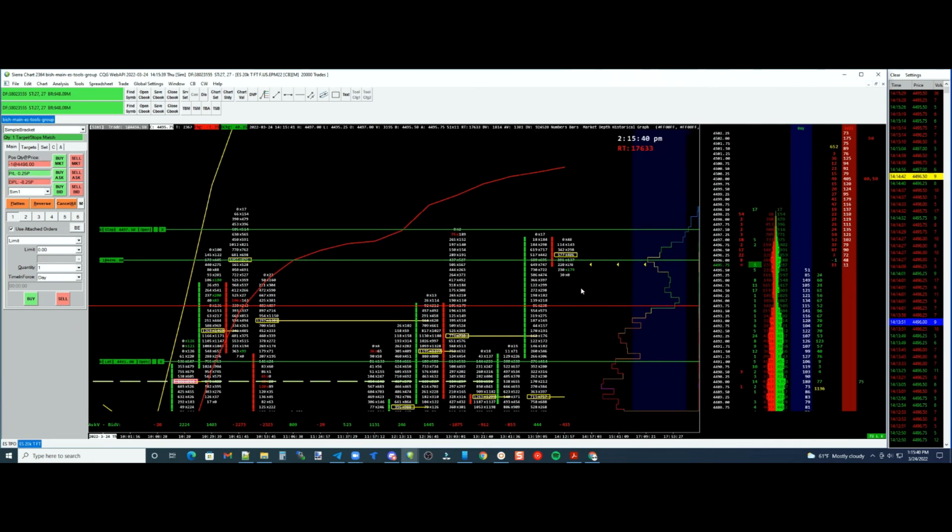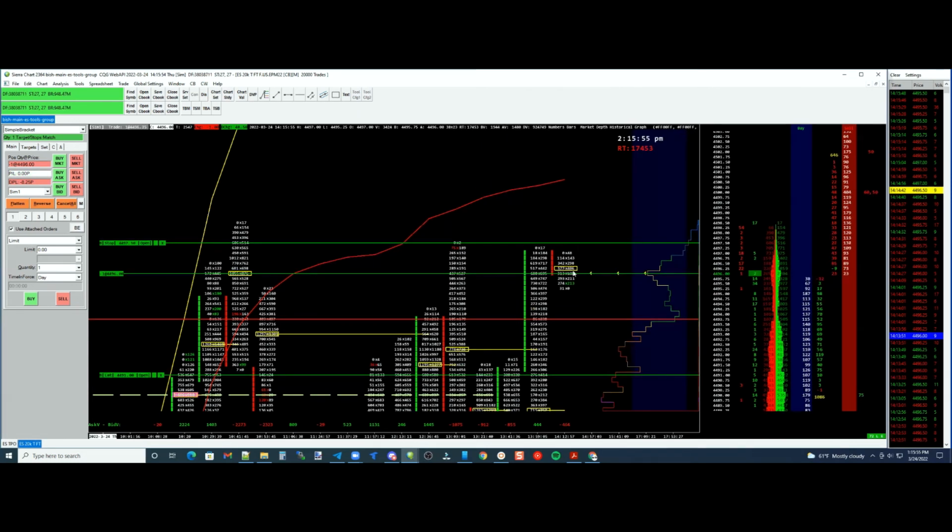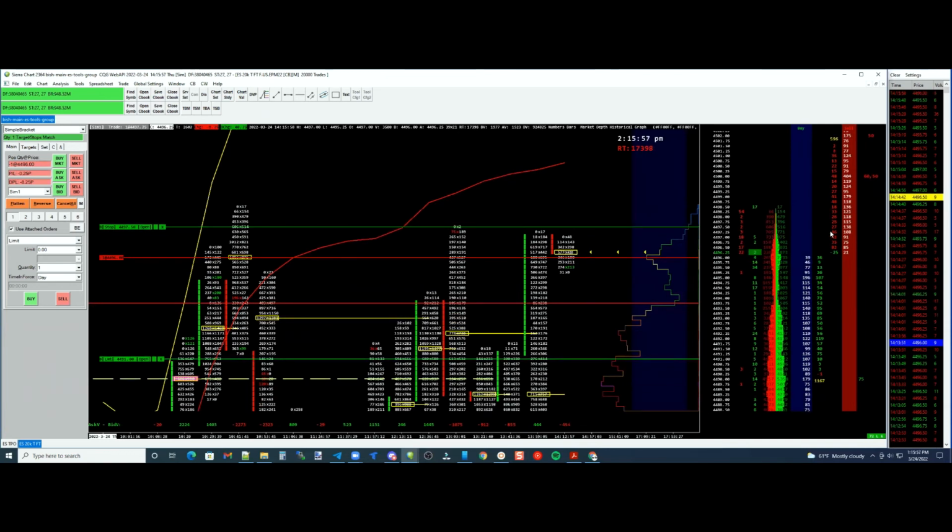Right now, with 1,200 stacked on the bid and 700 stacked on the offer, the path of least resistance is higher and they are lifting the offer with size. So if they can't break this level down, watch what happens. They will pull the bids and they will start hitting the bid with size and stack the offers.